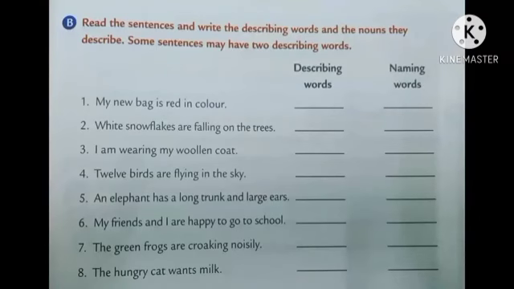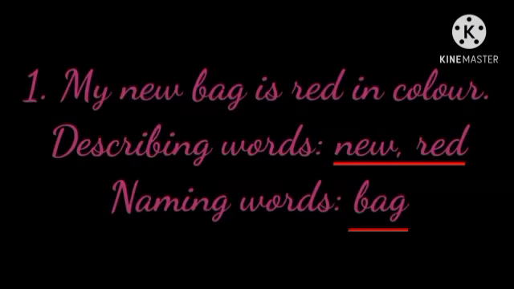So new is describing word and red is describing word. Okay, children, and what is described? Bag is described. So it is a noun which will come over naming word. Okay, children. So you will write new, you will write red over the describing words, and then you will write bag over the naming words. The first one is my new bag is red in color. So the describing words are new, red, and the naming word is bag.